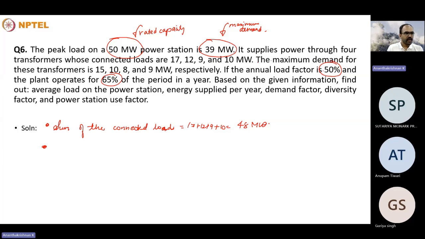Then the maximum demand for these transformers are given as 15, 10, 8, 9 megawatt. So the sum of the maximum demands is equal to 15 plus 10 plus 8 plus 9, that is equal to 42 megawatt.